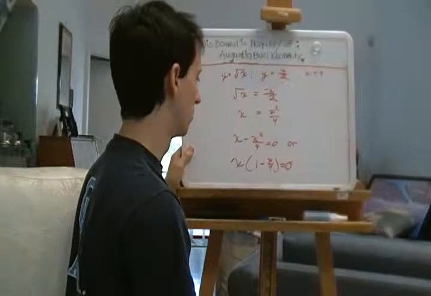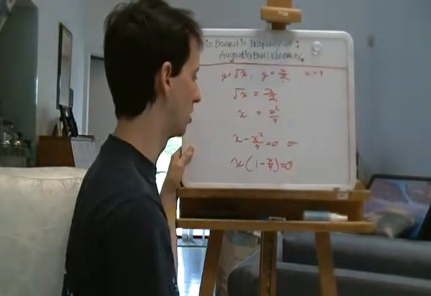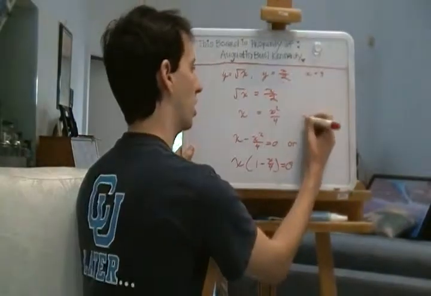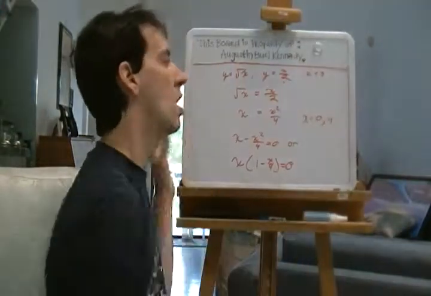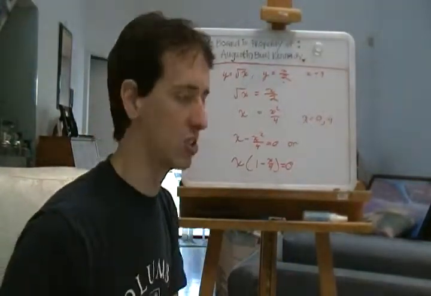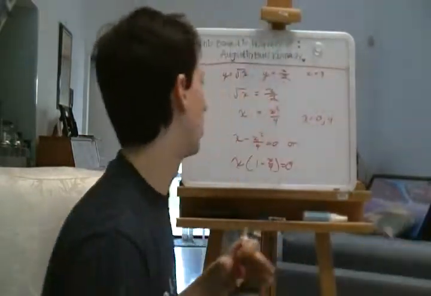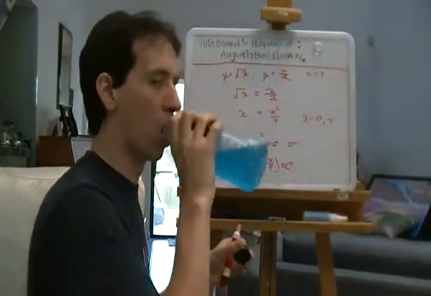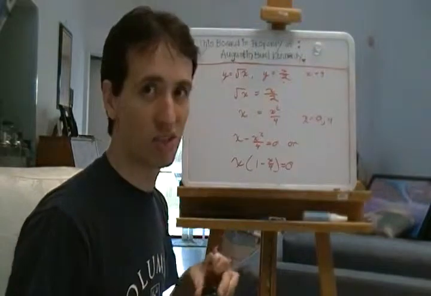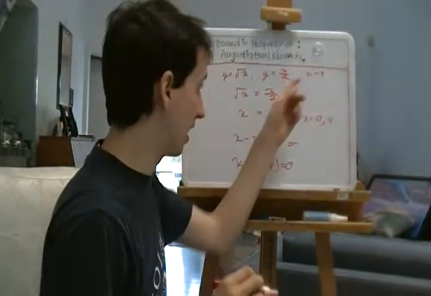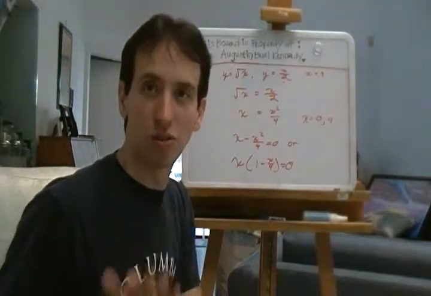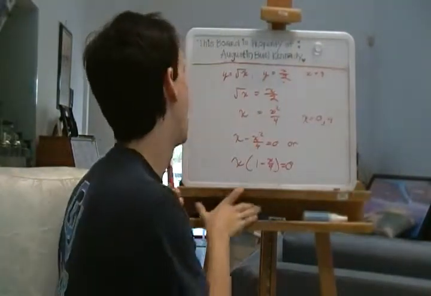No, it should still come out. Yeah, it still comes out. X is going to equal 0 and 4. So we know that the curves are going to intersect at 0 and 4. Okay, so 0, 4, and 9, because x equals 9. Those are the numbers we're going to be looking at.